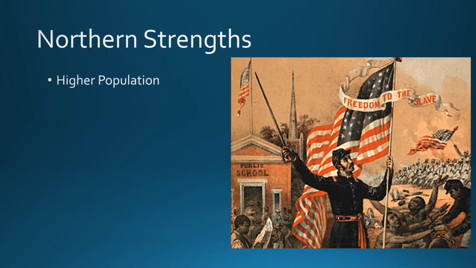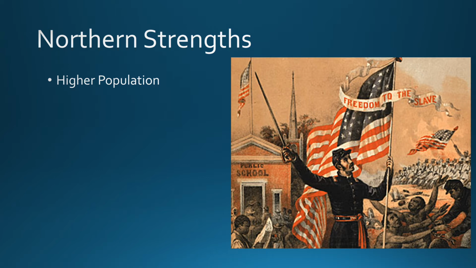Probably one of the biggest strengths, if not the biggest strength, that the North will have is their massive population in comparison to the South. About 22 million people lived in the northern part of the United States, or at least what would be considered the Union. Only 9 million in the South, and that included about 3.5 million slaves.